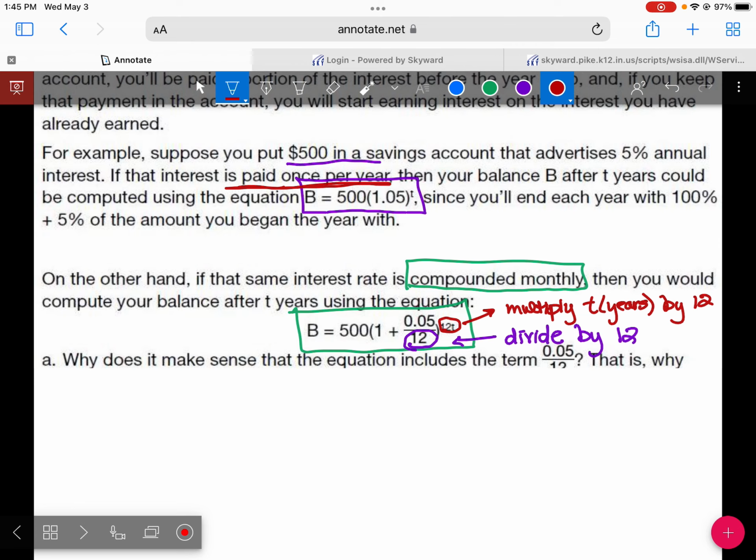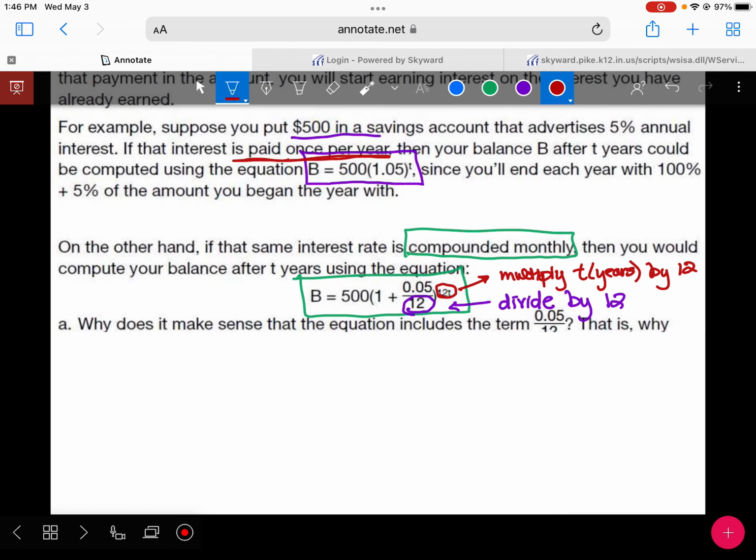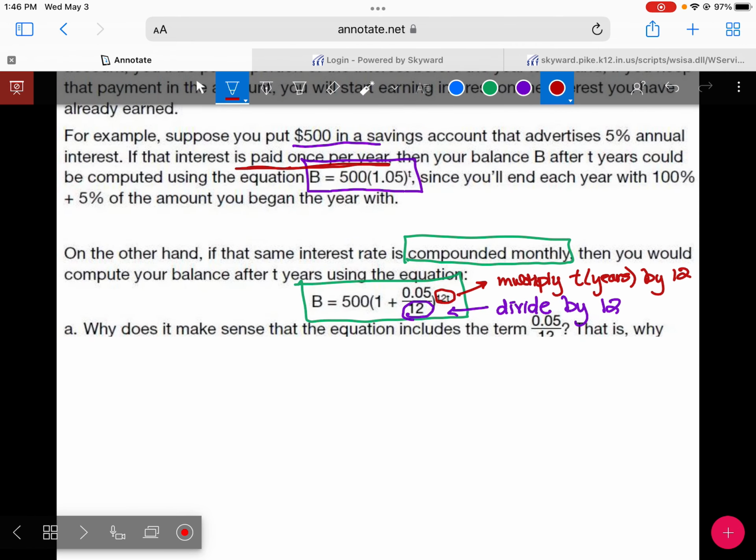Okay? So letter A, why does it make sense that the equation includes the term 0.05 divided by 12? Why does that make sense? Or maybe it doesn't make sense. What is the 0.05 again? 0.05 is my rate, my growth rate.